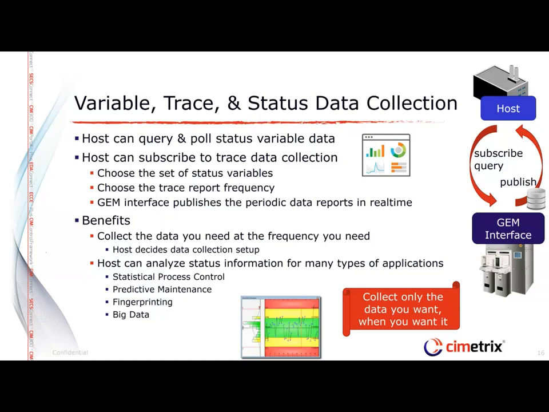So if the host wants the data once a second, they'll get the data once a second. If they only want it once every 10 seconds, then that's the frequency that they will receive the data.